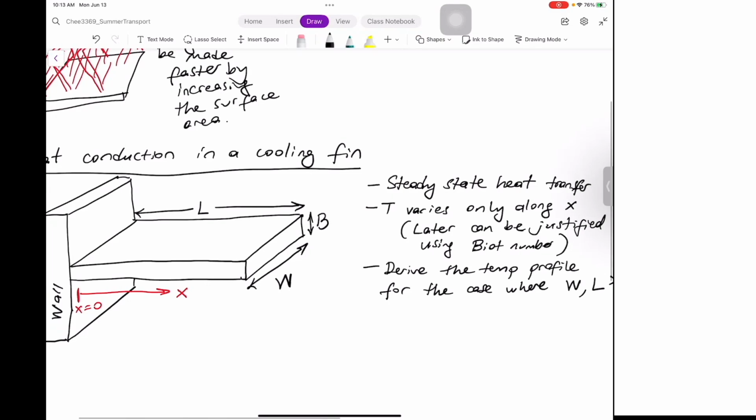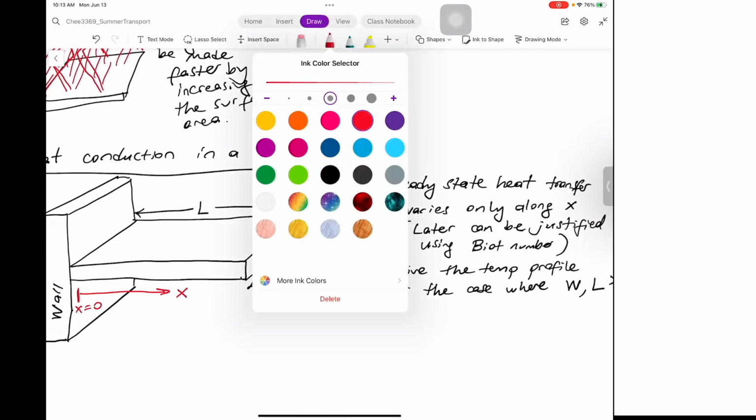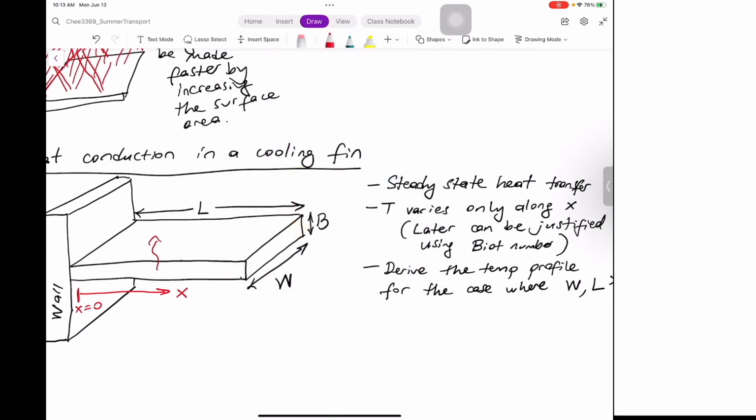It means that any heat loss along this direction is much more significant than any heat transfer along these directions. So you can assume that most of the heat transfer is through the top and bottom surface of this thing.